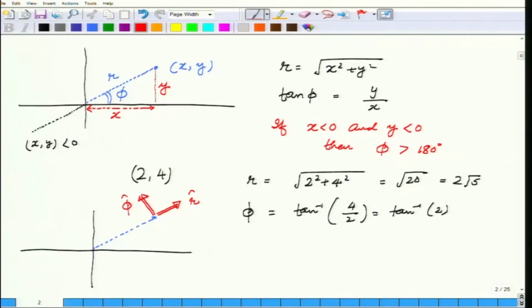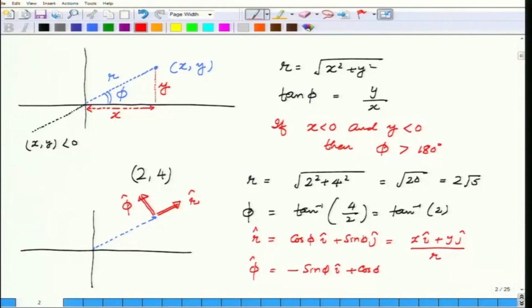And we have seen in the lectures where we set up these coordinate systems that r unit vector is nothing but cosine of phi i plus sine of phi j, which can also be written as x i plus y j over r, and phi unit vector is minus sine of phi i plus cosine of phi j, which can also be written as minus y i plus x j over r.